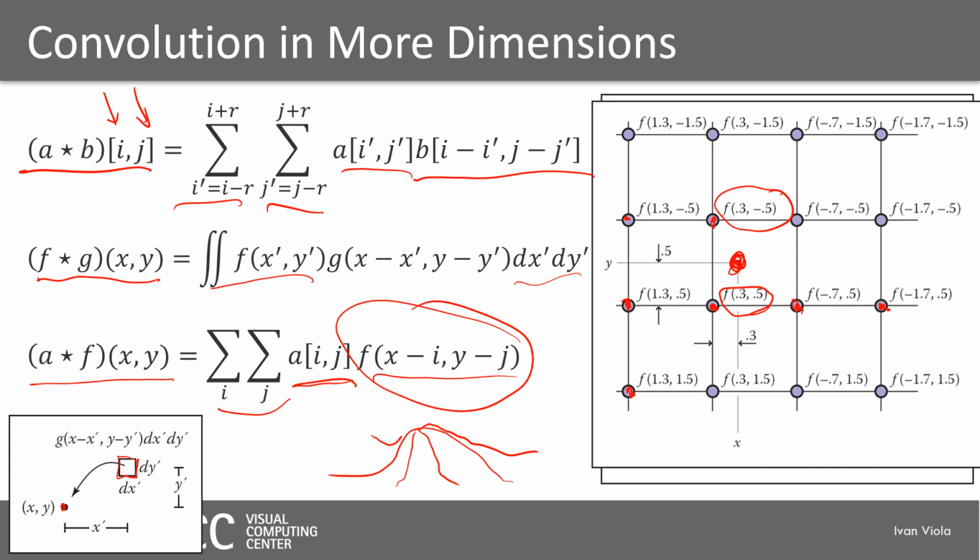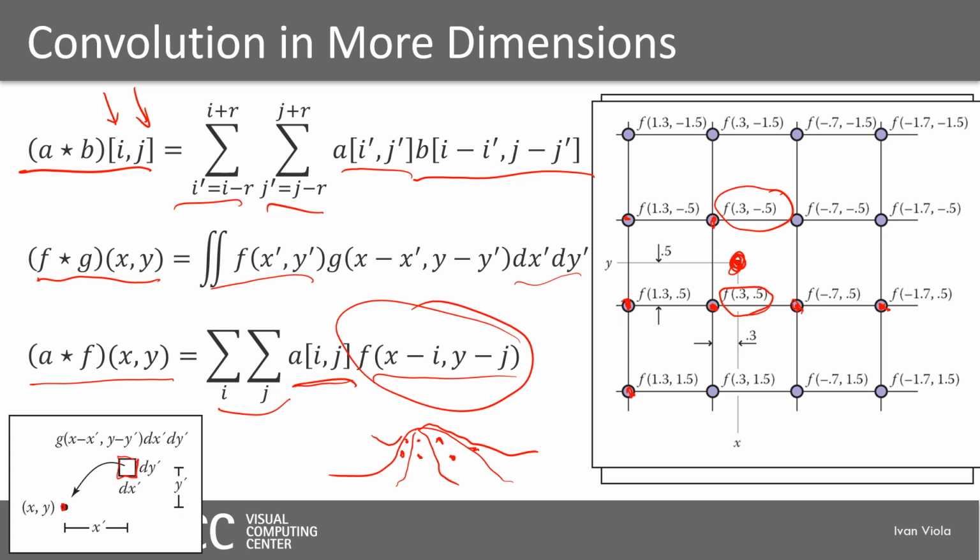So, these values are not from the center, but they are values at various locations of this filter kernel, where this filter kernel is intersecting, so to say, the integer locations of our input signal.